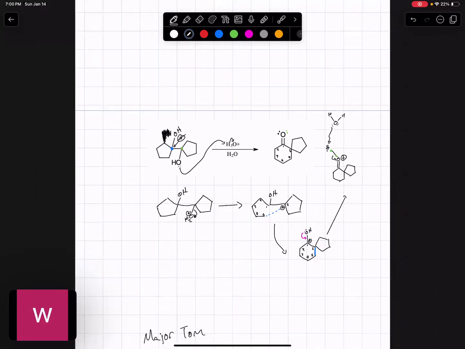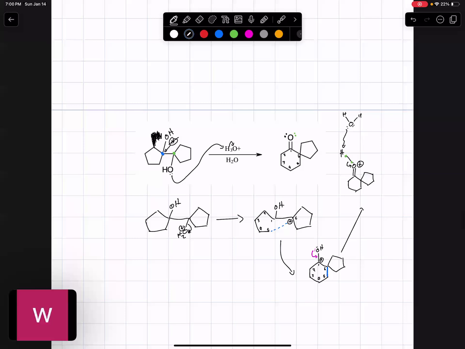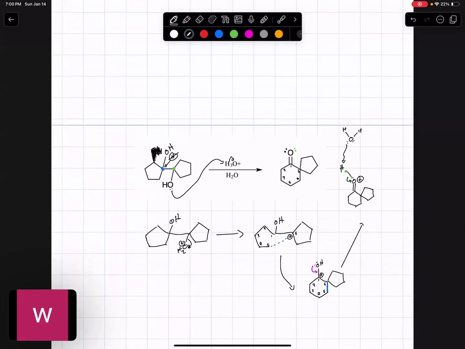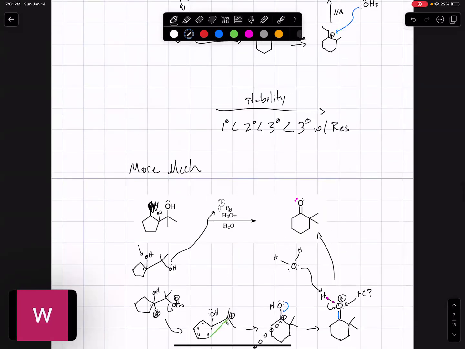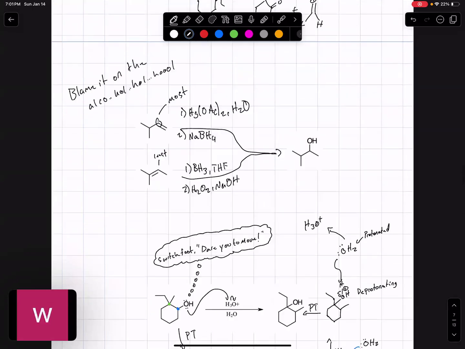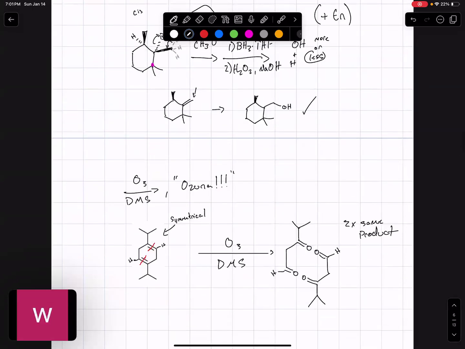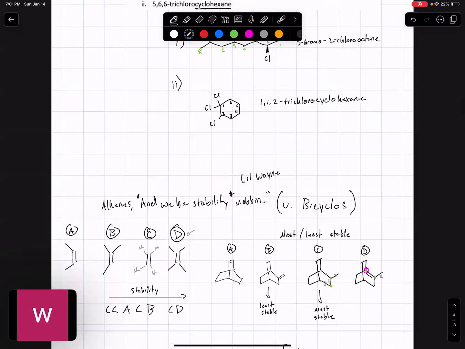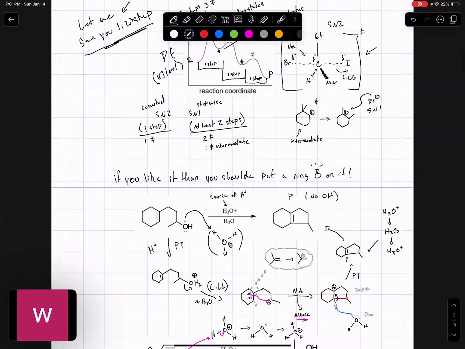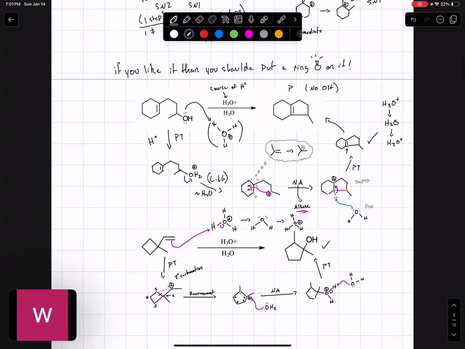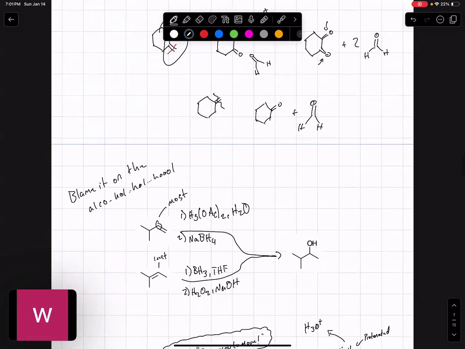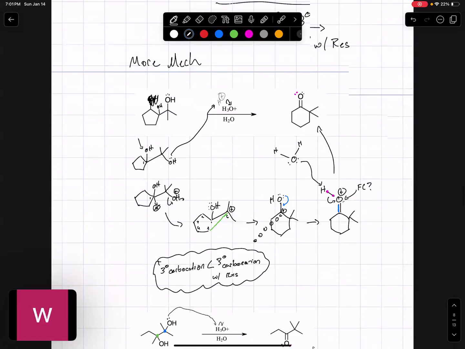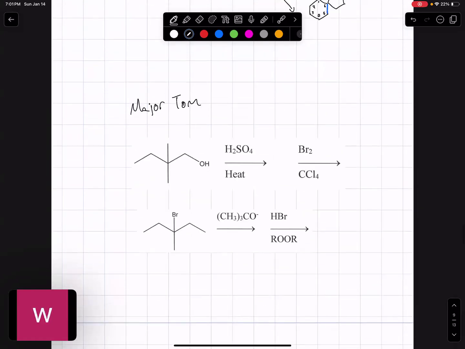I don't know if it'll be a combination of, you know, breaking a ring, reforming a ring, moving a hydroxyl group, something like that. But just be sure to go over these examples, and you should be fine. Yeah. Where's the other mechanism question? This mechanism question. Yeah, so you'll get something like this, okay? Be sure to practice.